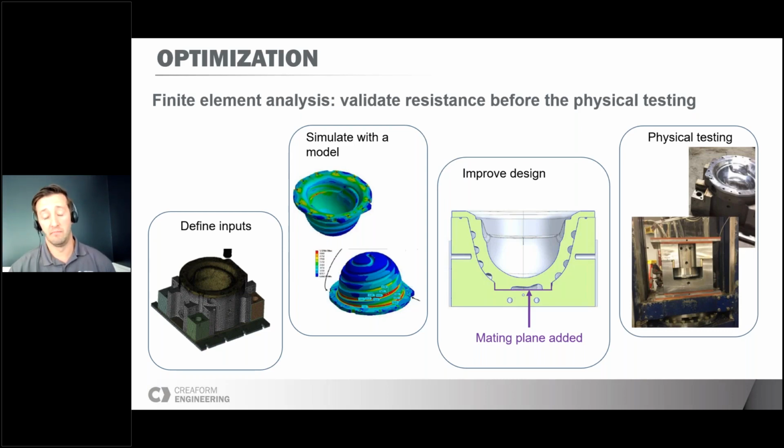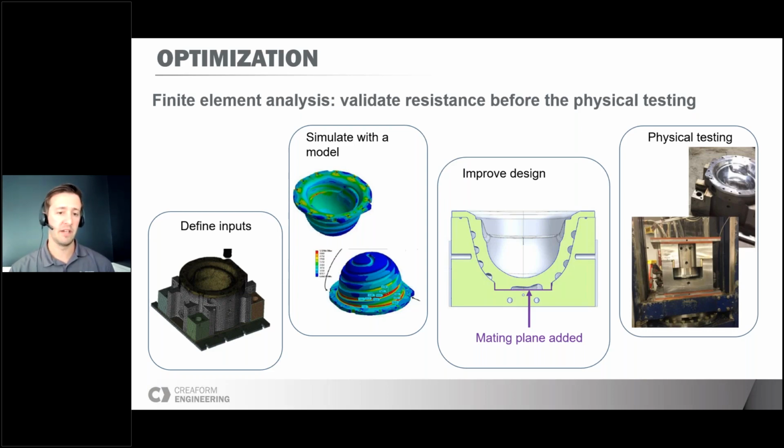When you do the FEA on a product, what you want to do is really validate the strength or the resistance of your assembly before the physical testing. When you're looking at the process, you start by defining inputs. You say, okay, I have a design, I have some materials, I have some boundary conditions between my parts, I have some load cases.